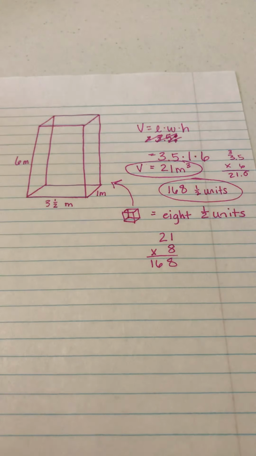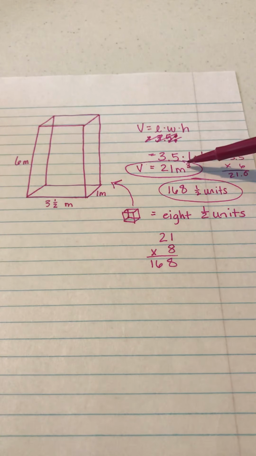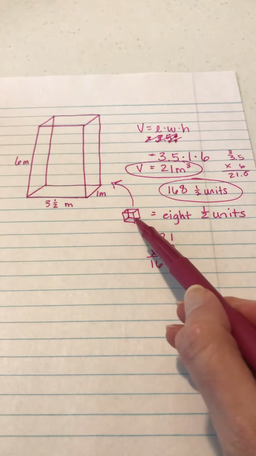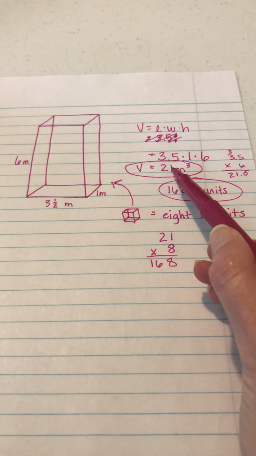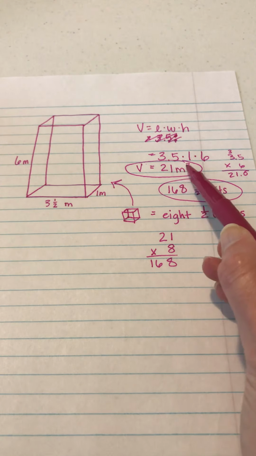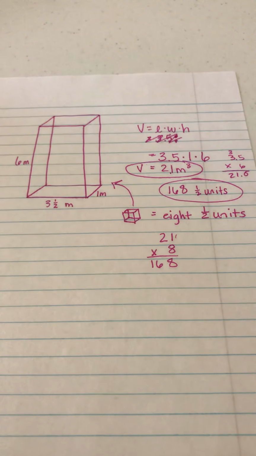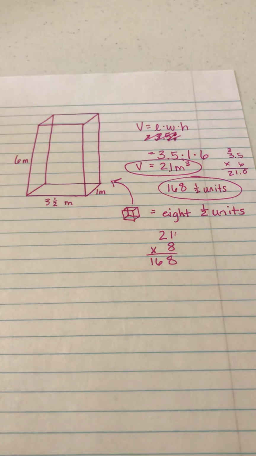So some of your quiz questions will be asking you for both. It'll be asking for just the volume, but then it will also be asking about those half units. So if you know that 1 cubic unit is equal to 8 half units, you would take your volume, because those are your cubic units, and multiply by 8 to get the number of half units. These are both ways to represent the volume.